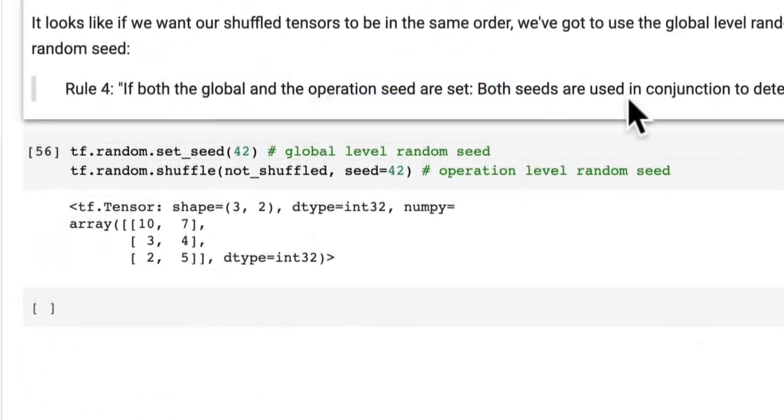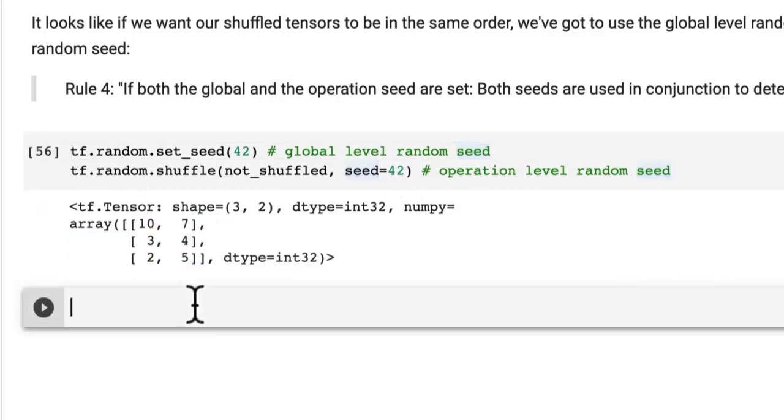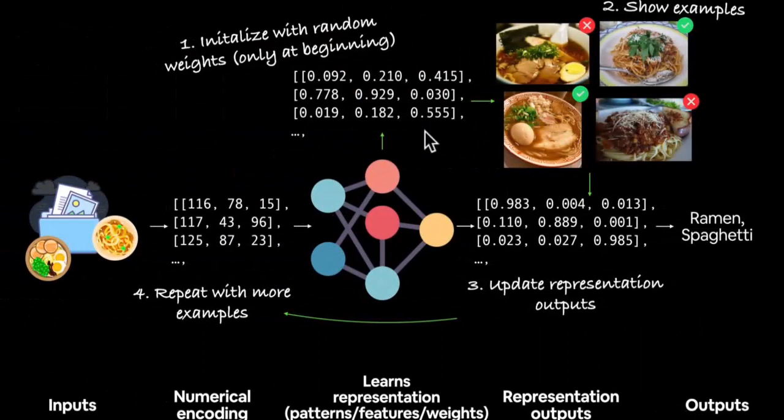So again, now this might not make a lot of sense of why you want reproducible tensors, but as you start to run more deep learning experiments, you'll often find that because a neural network initializes itself with random patterns, you could get different results every single time you run this experiment.